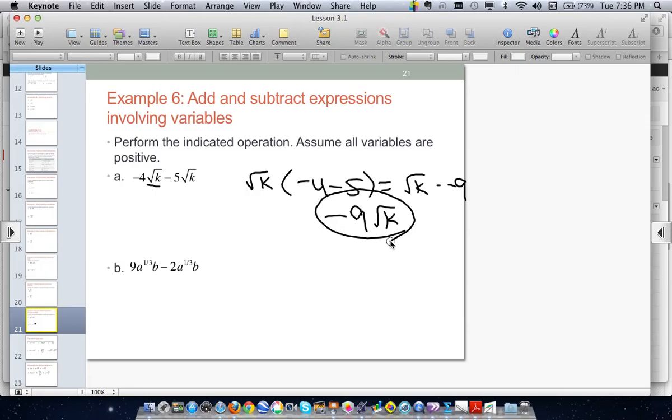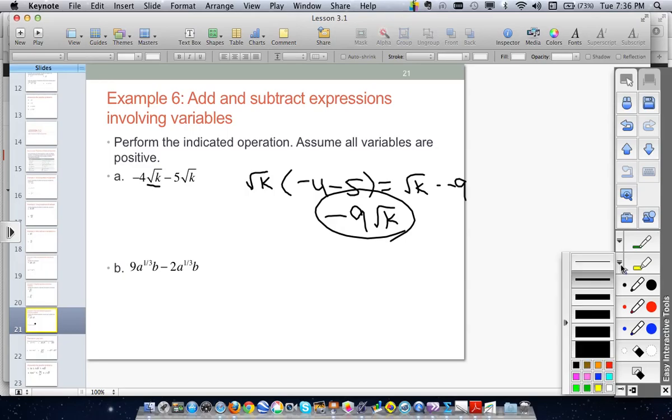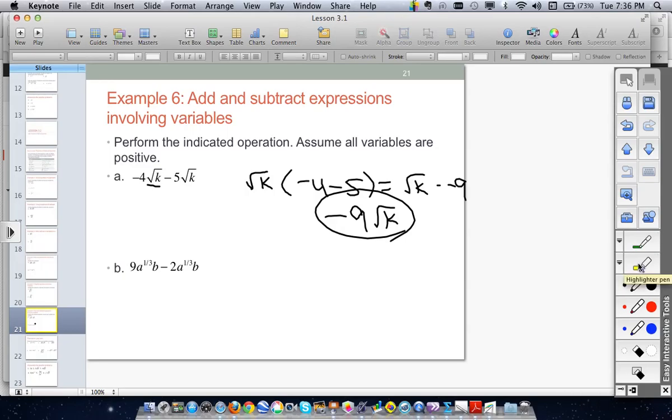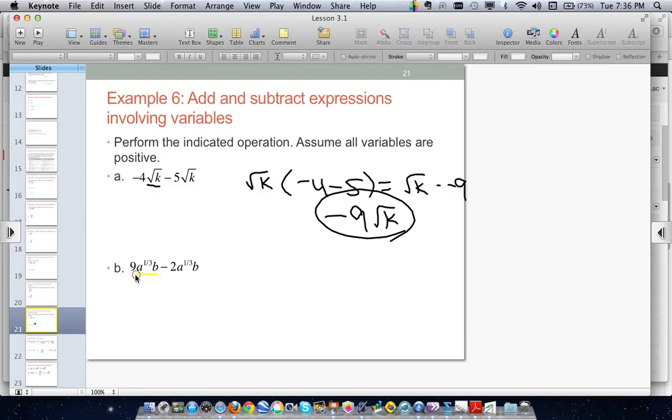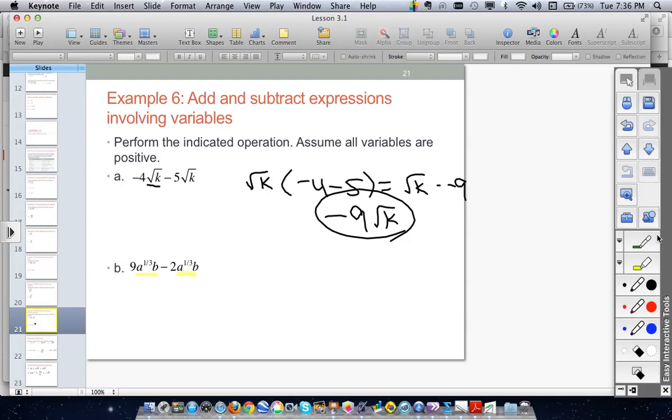All right, taking a look at part B. I'm going to go ahead and change my pen here for a second because it's going to make it easier to see what's going on. But notice that a to the 1/3 times b and a to the 1/3 times b is repeated. That's our common factor.